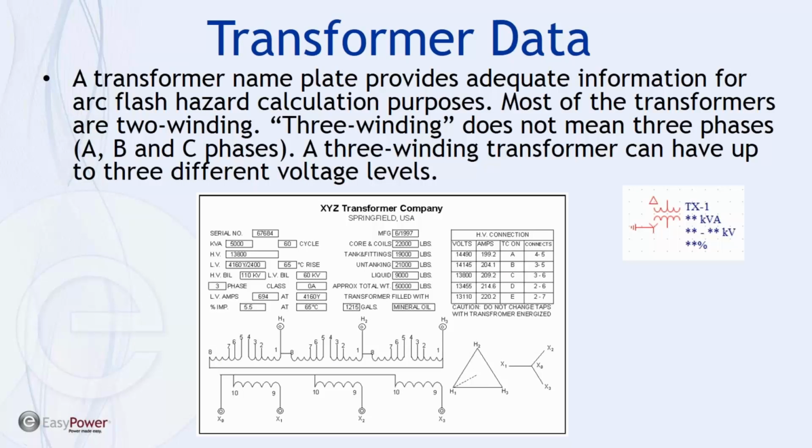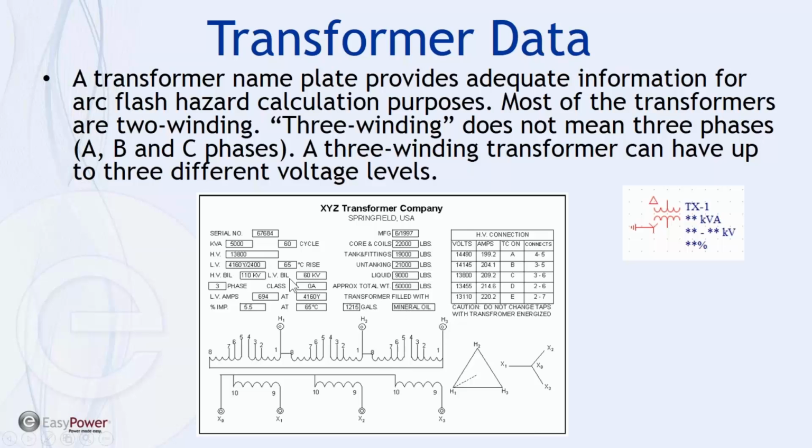Transformers is where the energy is stored in the system. All the information required for EasyPower is included in the nameplate, and this includes the kVA rating, the type of transformer that it is, oil-filled, dry, the configuration, in this case a delta Y, and the impedance.